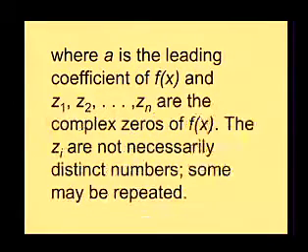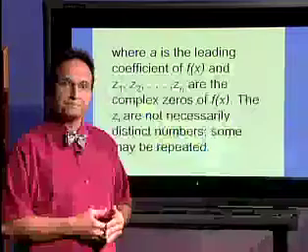Here a, of course, is the leading coefficient of f of x, and z sub 1, z sub 2, through z sub n are the complex zeros of f of x. The z sub i's are not necessarily distinct numbers. Some of them may in fact be repeated.